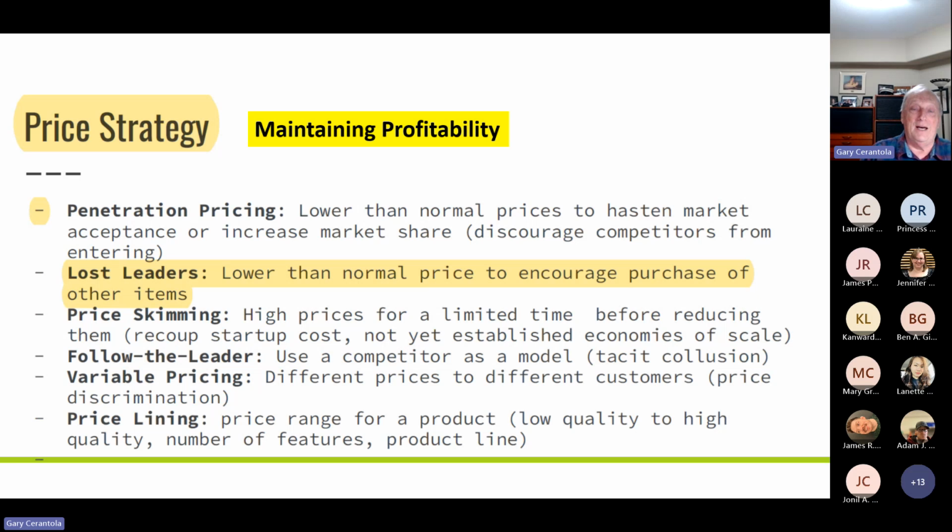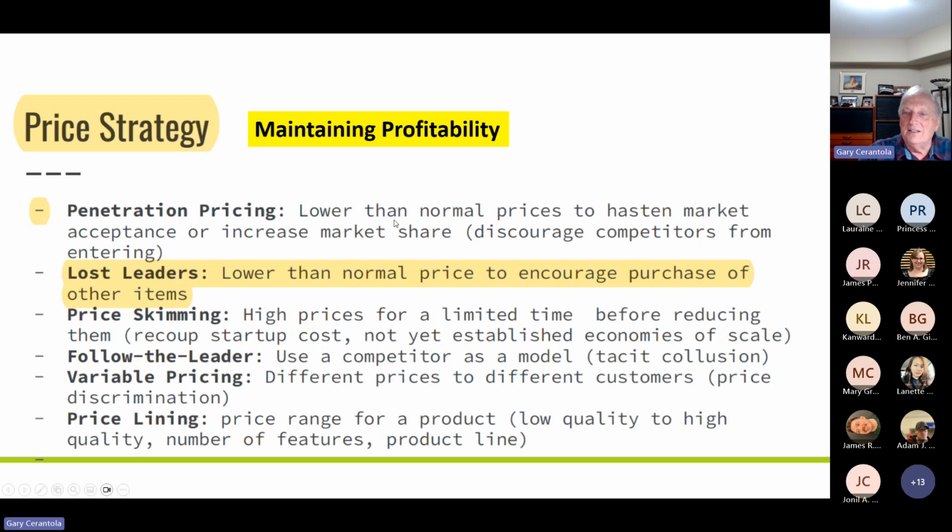And that loaf of bread probably cost them, say, $2 to purchase. So they're losing money on it. But they know that if they offer that loaf of bread for 25 cents, they're going to get 30% more customers in the door over the next week. And that well makes up their profitability because of the volume of sales they're going to make. So that's a key one.